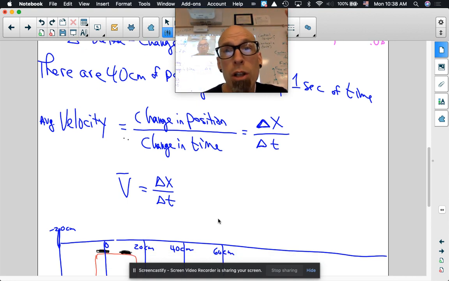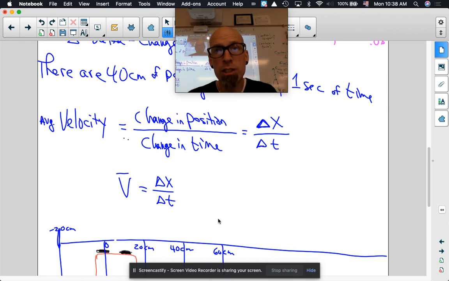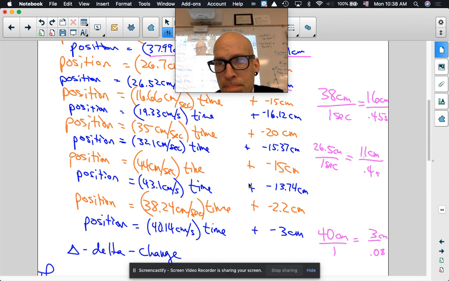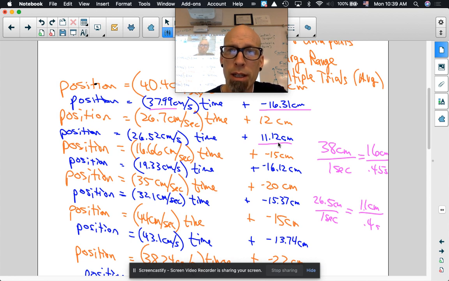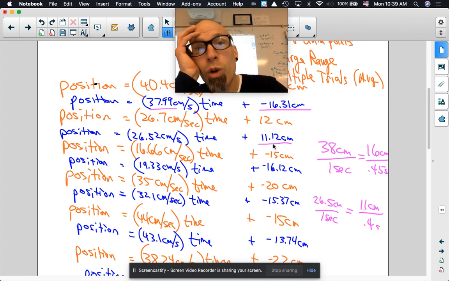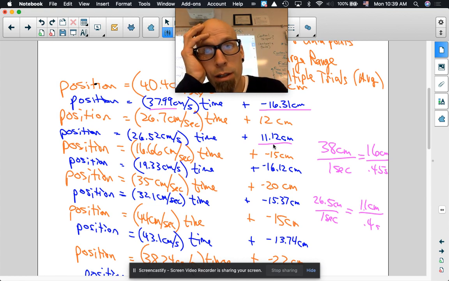Okay, so now we know what the slope means. The slope's telling us the velocity of the buggy, how much its position changes every second. Now, we had to figure out what the y-intercept means, and that was a little confusing. Bottom line, you wrote down a phrase that was supposed to help us figure this out.